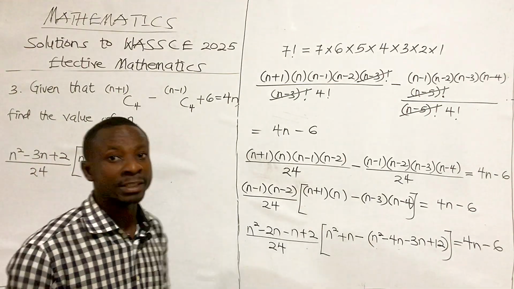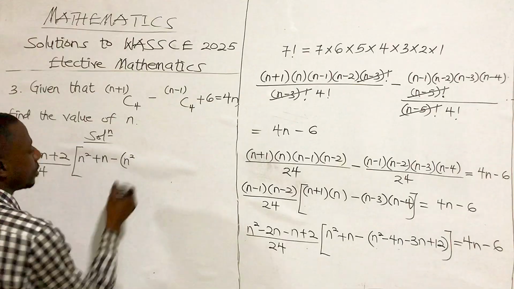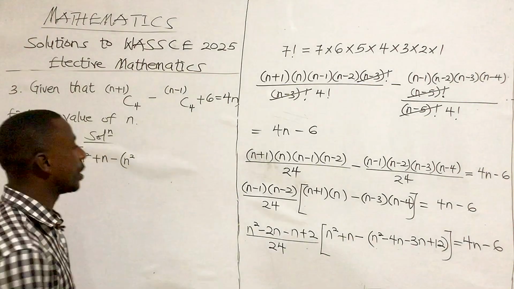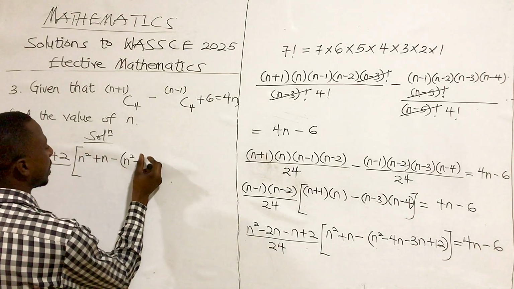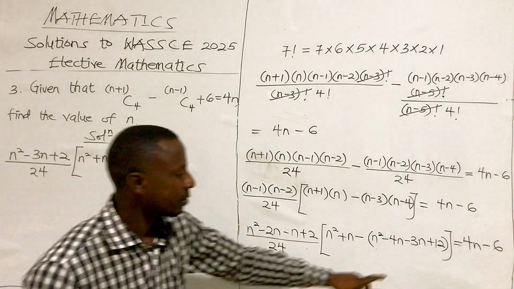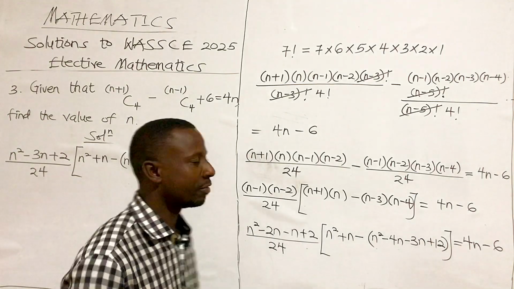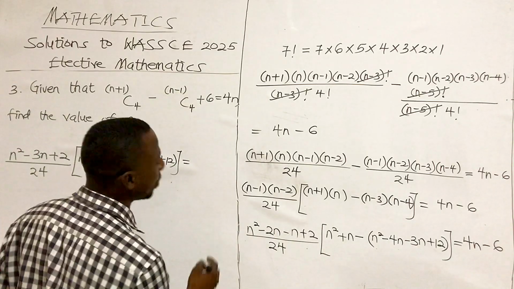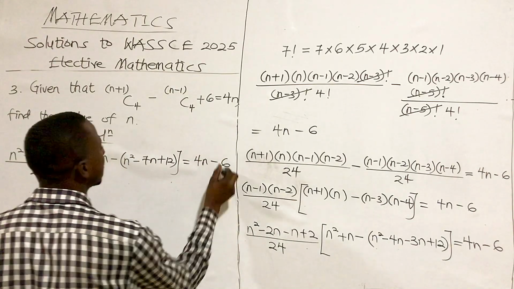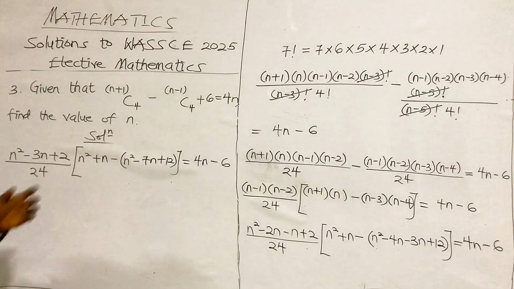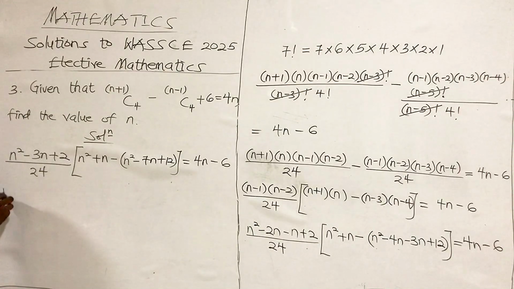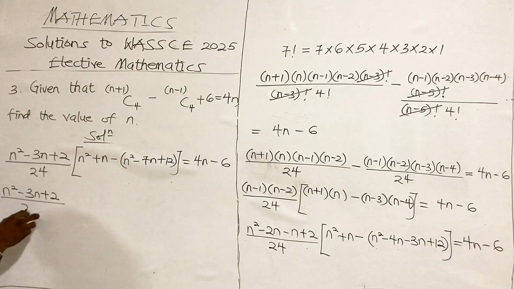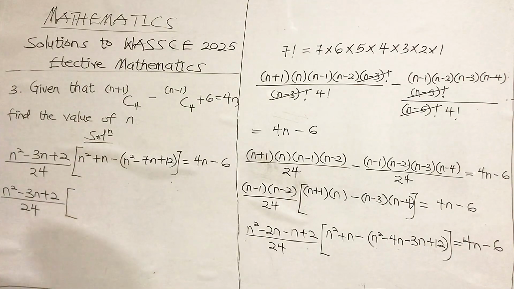What starts here is n squared. Then minus 4n minus 3n, we are going to get minus 7n plus 12, which is also equal to 4n minus 6. We are moving on. So we have n squared minus 3n plus 2 all over 24 in a big bracket.